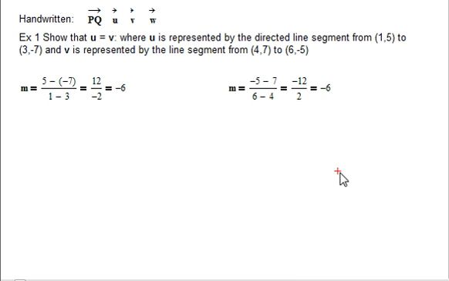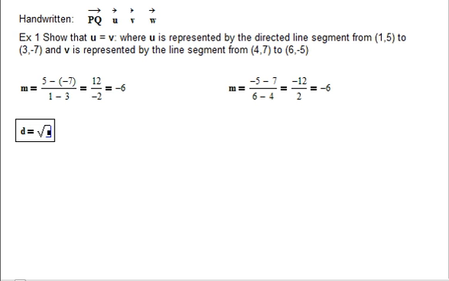So what we can discern from that is these have the same direction, but what we don't know is do they have the same length. And we can verify that with the distance formula. From (1, 5) to (3, -7) would be distance.